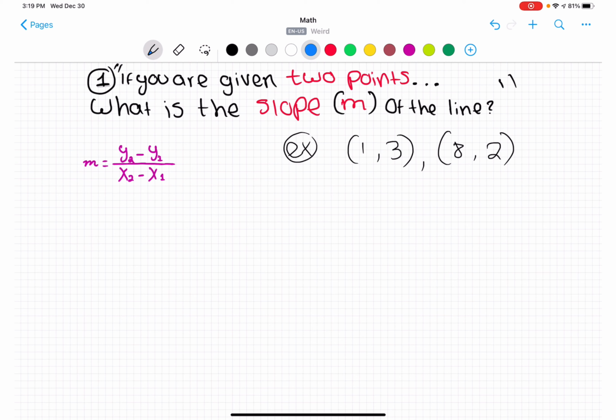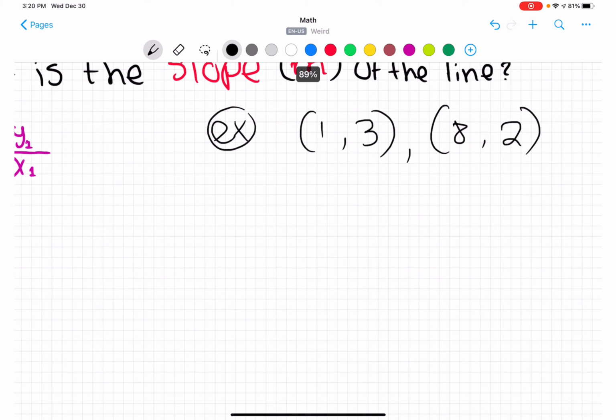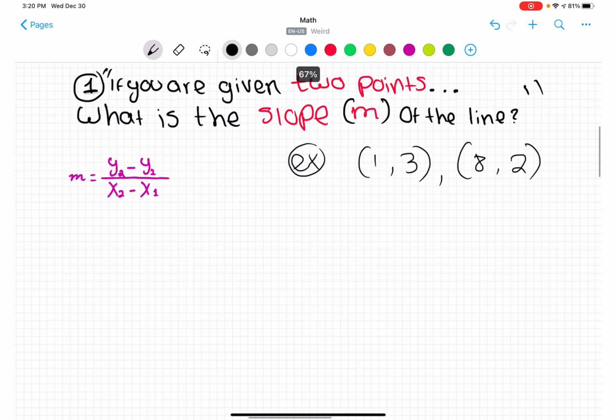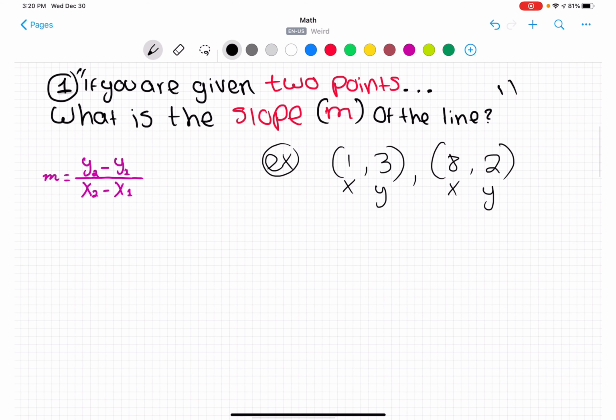So for example here, I'm going to first of all name these 2 points, my y's and my x's. So this is x, this is y, this is x, and this is y. This can happen to either of the two coordinates, ordered pairs, or however you want to call them.